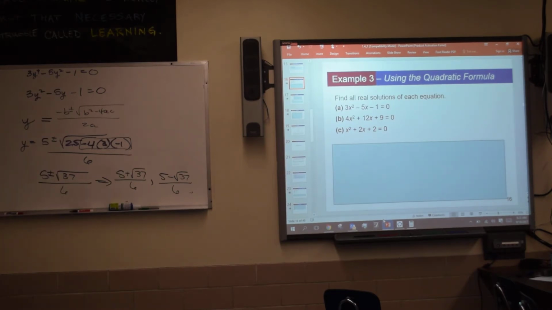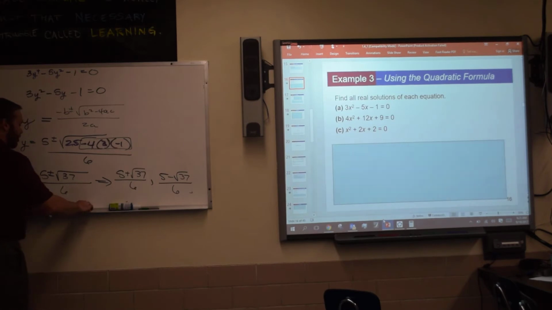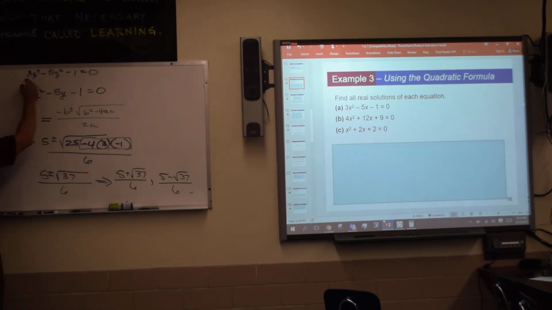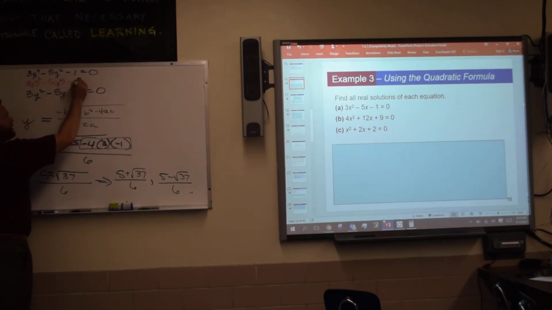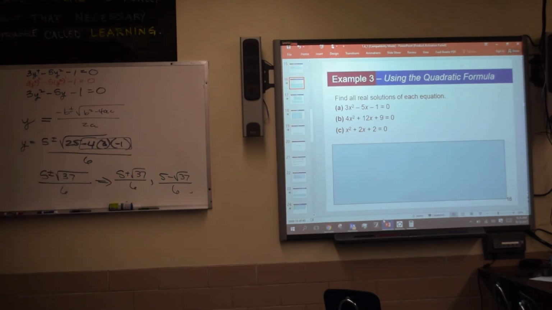That makes sense to everybody? So what I would do, and what I caution you to do, and I'm going to suggest that you do this, is I'm going to write this as 3(y squared) squared. That's still 3y to the 4th. Minus then, this kind of looks weird why I would do this, but you'll see it in a moment. 5(y squared to the 1st) minus 1 is equal to 0.